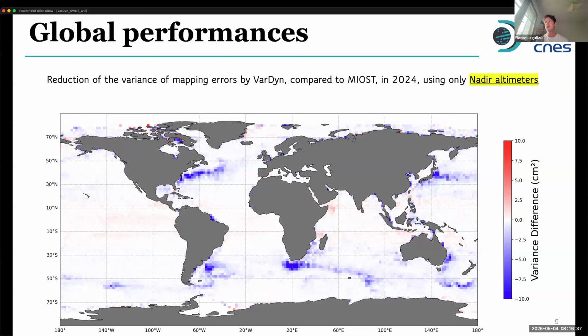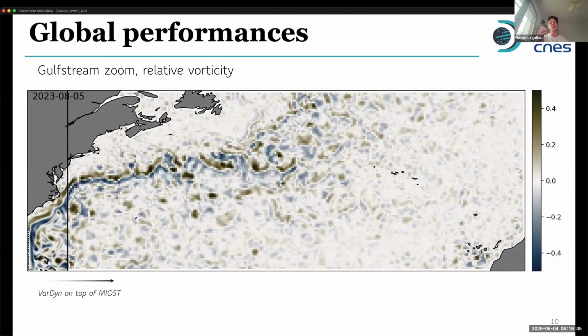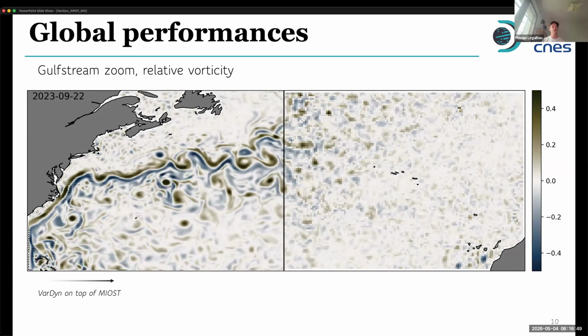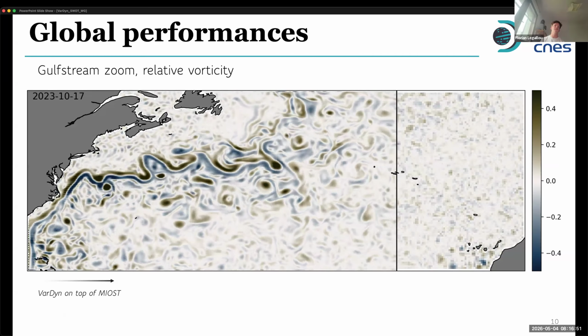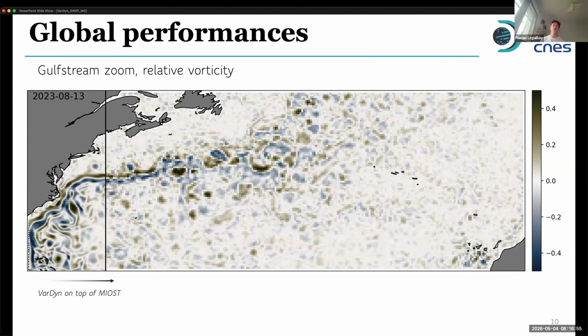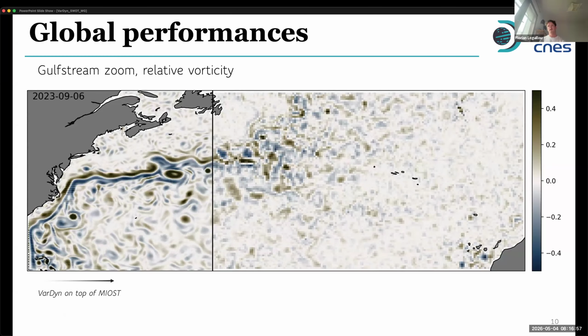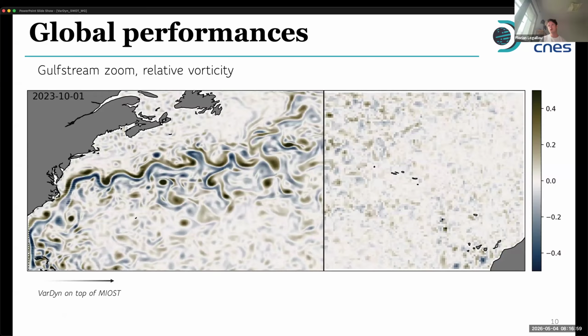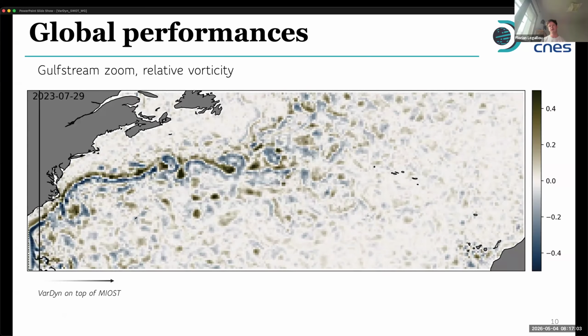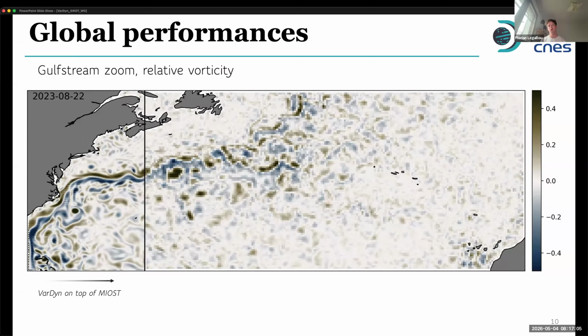So this is only using Nadir missions, but if we include SWOT, no, sorry, I just wanted to show just qualitative results. So this is over the Gulf Stream, and it shows the VarDyn relative velocity sliding on top of the MIOST one. And so we can clearly see that the main outcome of VarDyn is to have really good consistency in space and time of the structures.